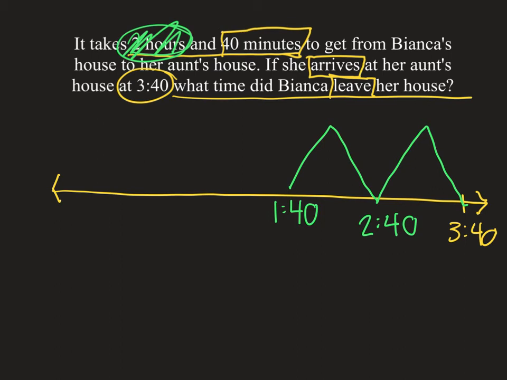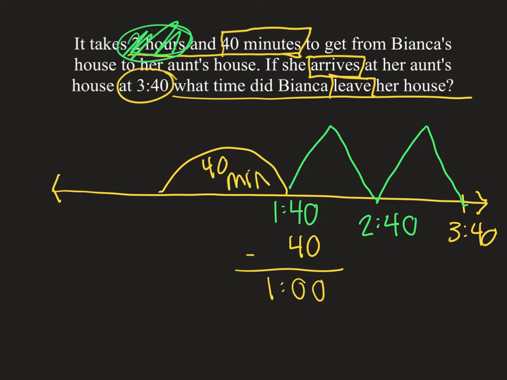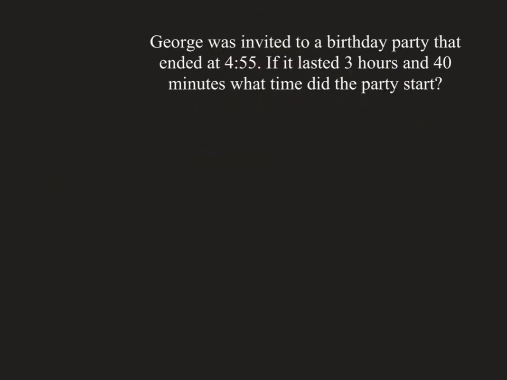And so we can do 140 minus 40 minutes, which gives you 1 o'clock. So she left her aunt's house at 1 o'clock.